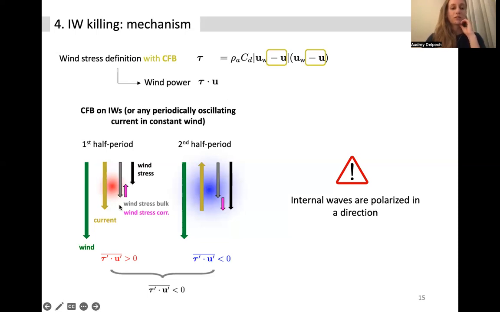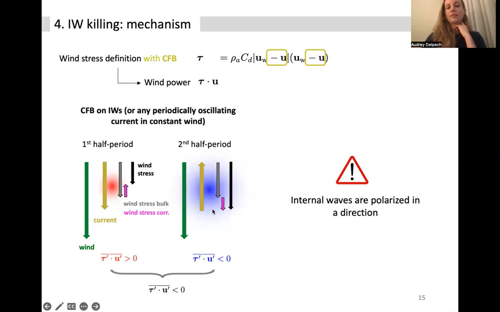As a consequence, the wind work, which is the wind stress times the currents, will be small and positive because the currents and the wind stress are in the same direction. To the contrary, during the second half period, the wind stress will be much larger because the winds and the currents are in opposite directions, and the wind work will be large and negative. So on average, over a period, we will have a negative wind work.